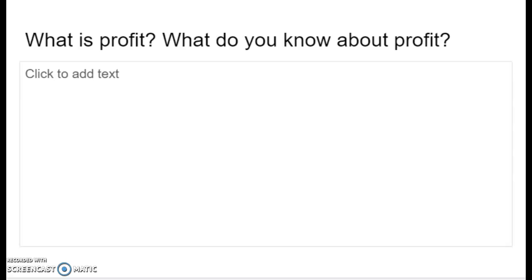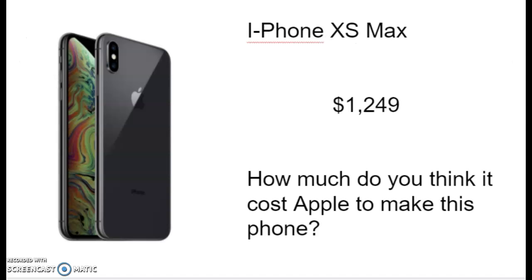So let's practice a little bit. Here we have an iPhone X Max. If you go to the store and buy it, it's going to cost you $1,249. That's an expensive phone. But how much do you think it cost Apple to make this phone? Remember, the companies have to take into account that it costs them so much money to make the phone.